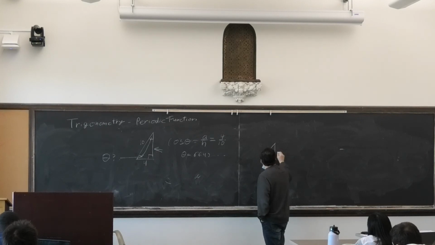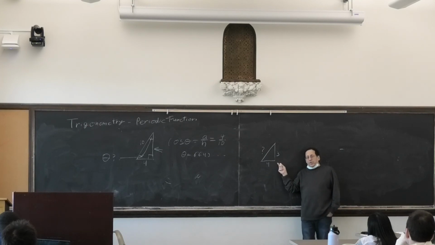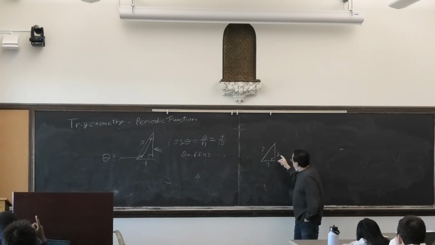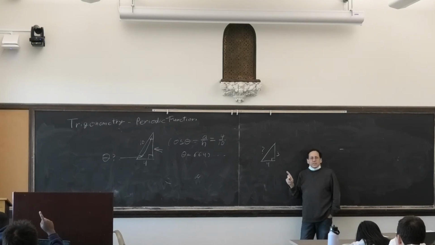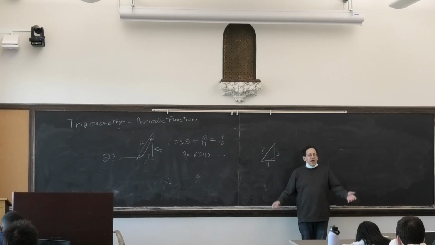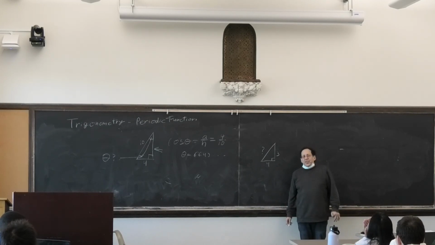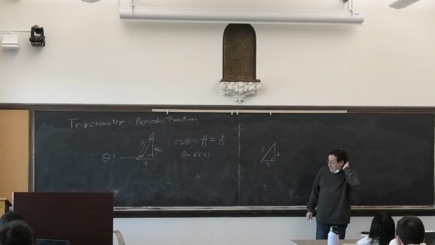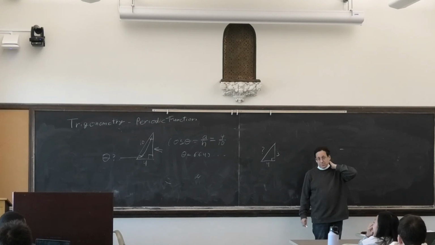Let's try this one. You know the right triangle, 3, 4. Can you do a squared plus b squared equals c squared? I'm sorry, I just can't hear you. Can you do a squared plus b squared equals c squared? Yes. And what do you call that? You don't have to know. I forgot. Well, I can't remember. Pythagorean theorem.